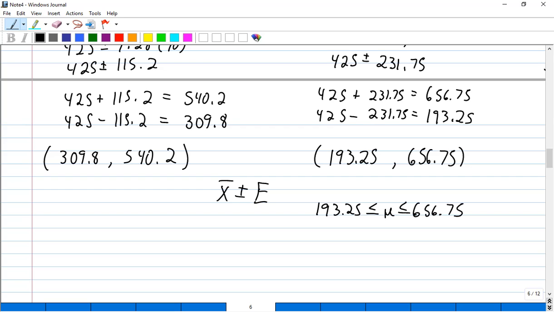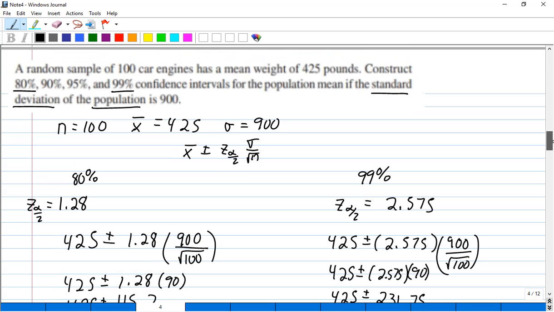All right, so one of the restrictions that we had was that our n, the sample size, has to be greater than 30 for this to work. Okay, so as long as n is greater than 30, we can find our interval by using that formula.